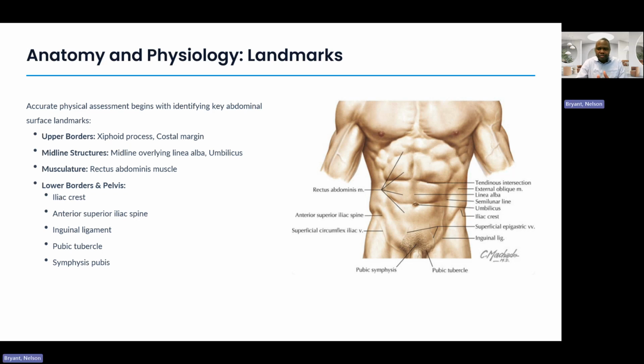The rectus abdominis muscle and linea alba are also central reference points. So it's very important to get familiar with these borders or these landmarks, which helps to come up with accurate documentation.